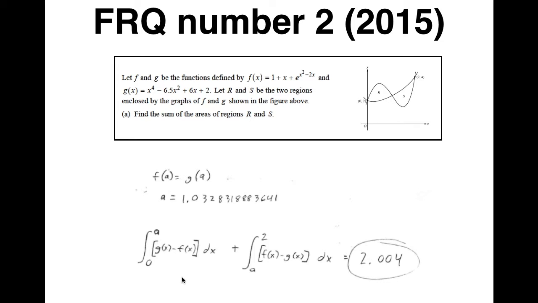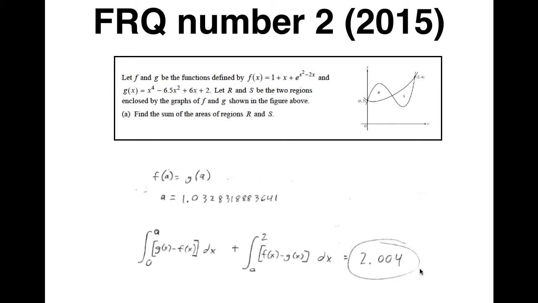And then the area of S is the integral from A to 2 of f minus g. So for R, we have function g above and function f below, so we do g minus f. For region S, it's the opposite. f is above, g is below.